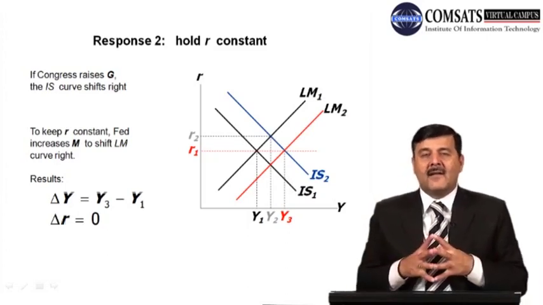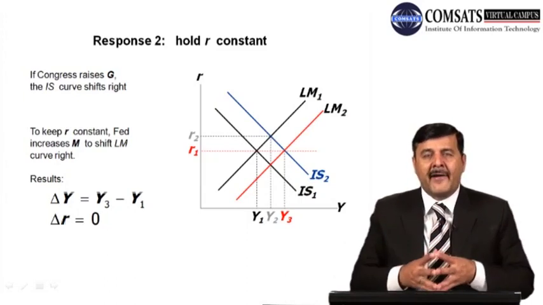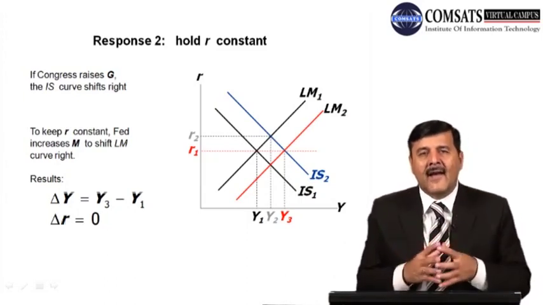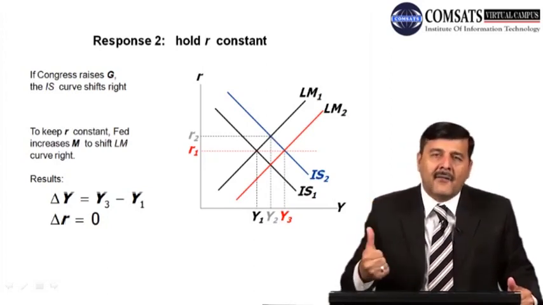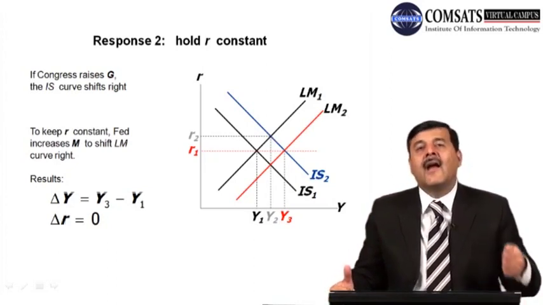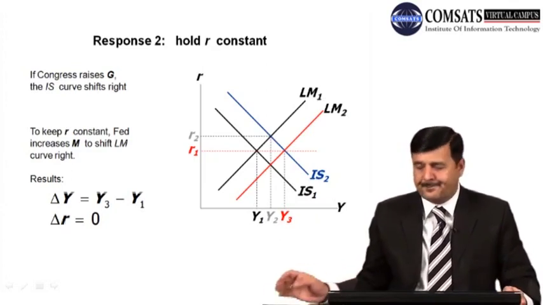So when the Federal Bank or the central bank holds the rate of interest constant, it only affects the level of income, which has gone up from Y1 to Y3, and the change in income, delta Y, is equal to Y3 minus Y1.